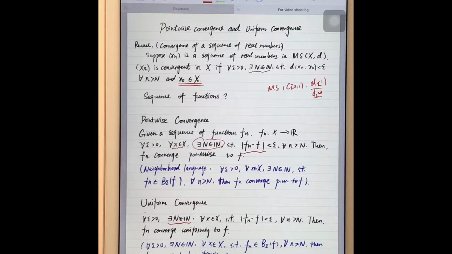But for uniform convergence, you cannot fix a point x. That is to say, the natural number N you find must be like universal.